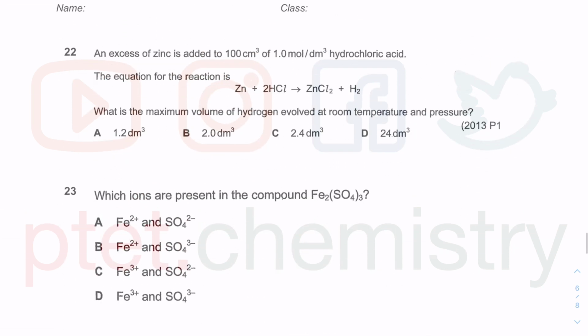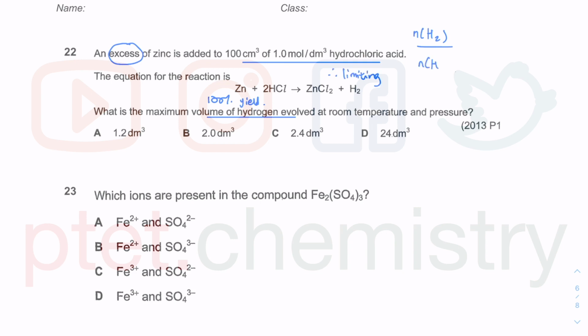Question 22, so we have a metal plus acid reaction. You want the maximum volume of hydrogen evolved. So we are assuming 100% yield, meaning to say we just look at the balanced equation. So the mole of H2 over the mole of HCl, because since you have excess zinc, therefore HCl is limiting.